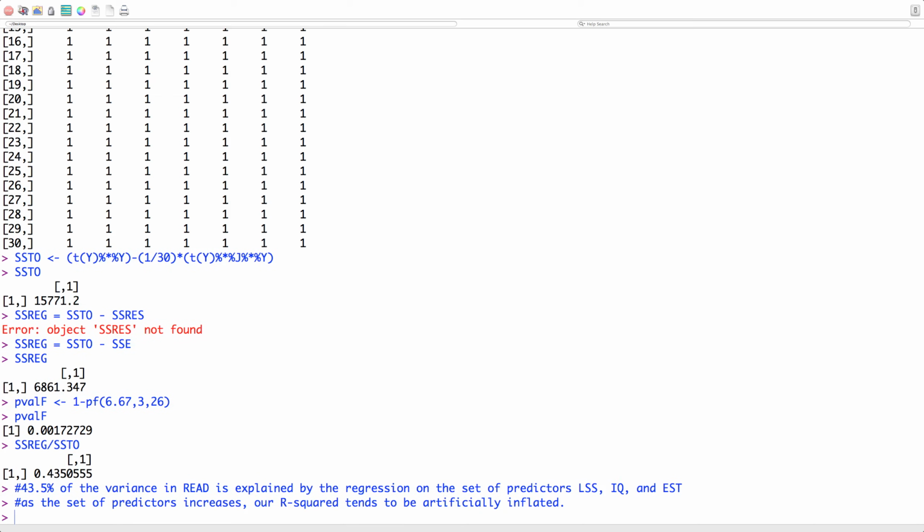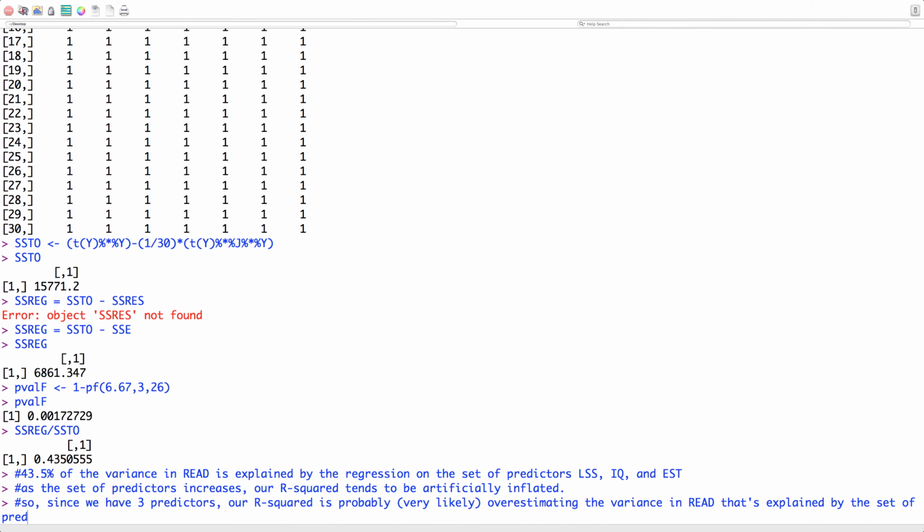So since we have three predictors, our R squared is very likely overestimating the variance in read that's explained by the set of predictors.